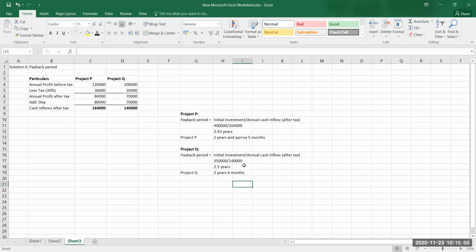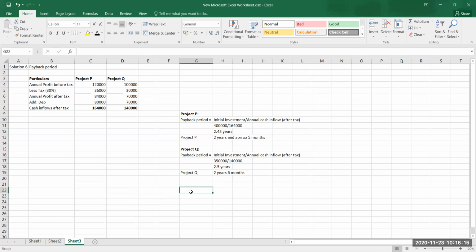We choose the one where the period is less. Project P is taking less time than project Q, about 1 month less, so project Q takes an extra month. So which investment will we accept? We will accept project P.